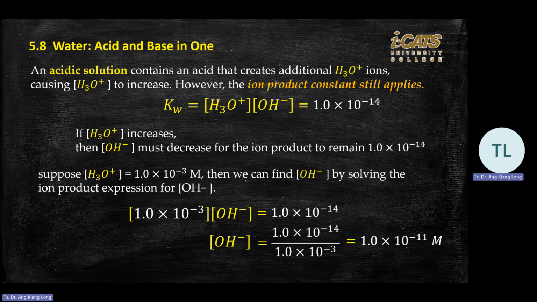Remember this Kw constant value, 10 power negative 14, and it's a product. This is also some of the bonus marks. I think this one may come out in your final exam or Test 2, I forget, but I'll give you hints later.